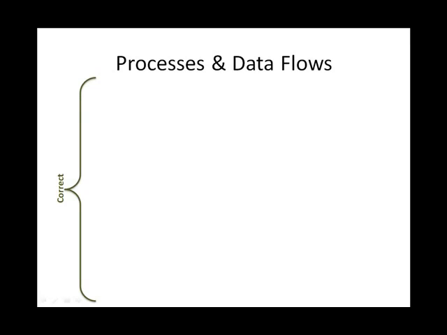Let's take a look at some examples of processes and data flows. All of these examples are correct in terms of rules. The first process is register user. Again, it needs an input and it will produce an output. The input that I need to register a user is the user details, the information of the user, for example the name, the address, the phone number.